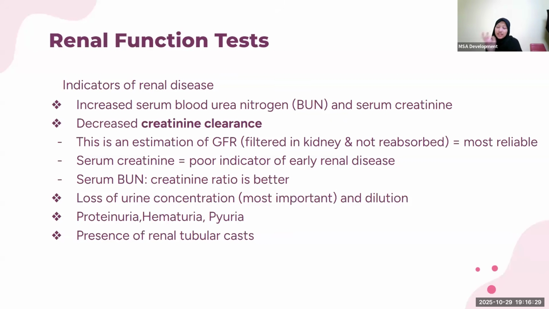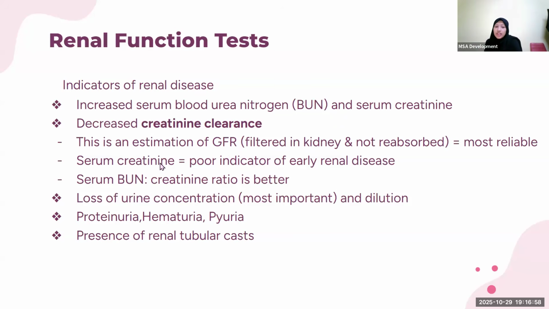This ratio is important because it reflects an important function of the kidney called glomerular filtration rate, so GFR. GFR is reflected by creatinine clearance. This is an estimation of GFR, and it's the most reliable renal function test. We always do it in every disease, just to see the functionality of the kidney.